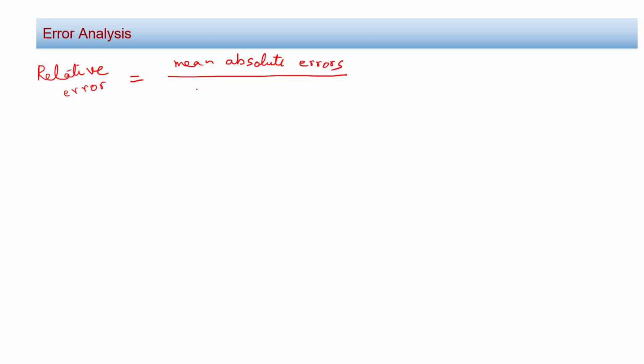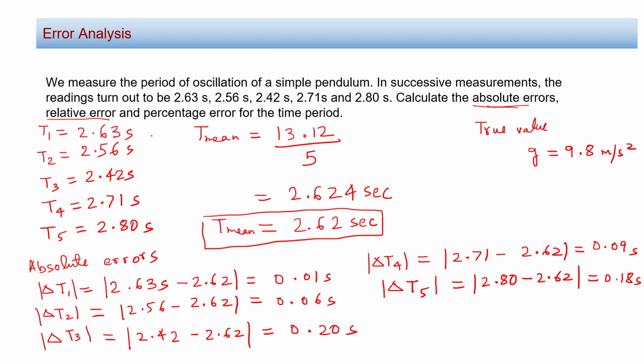So I think we need one more blank page. For relative error, relative error is the ratio of the mean of absolute errors to the mean value or true value. So here we need to take the mean of all these absolute errors.